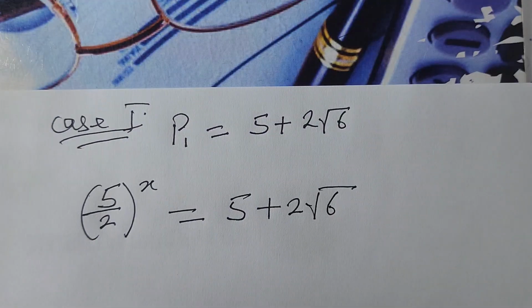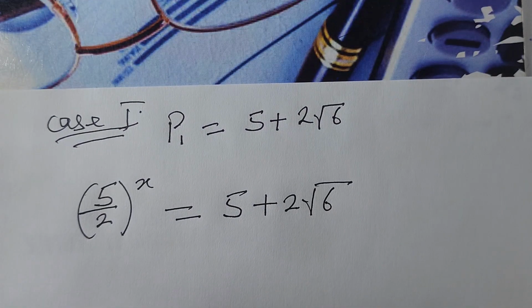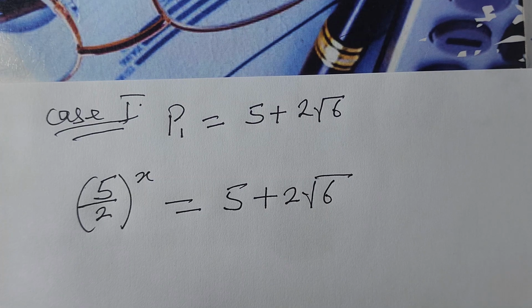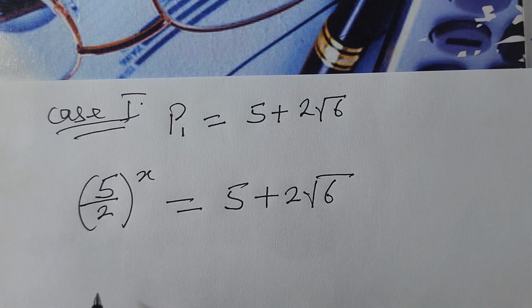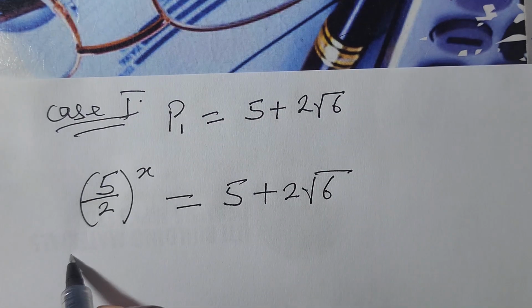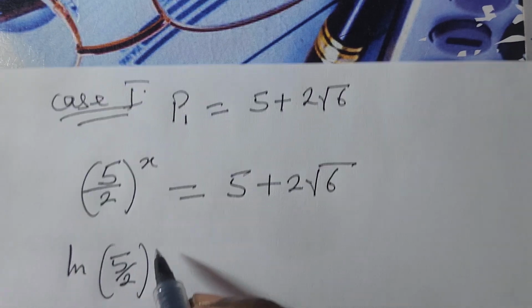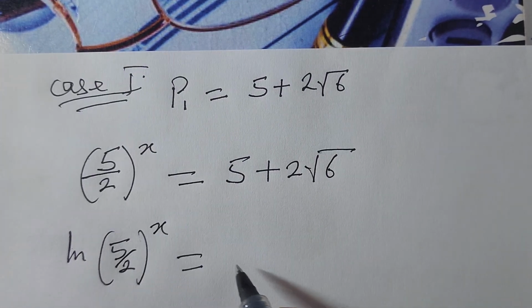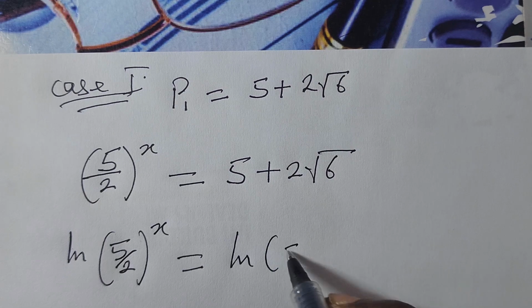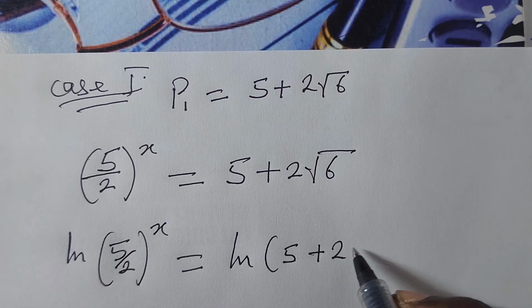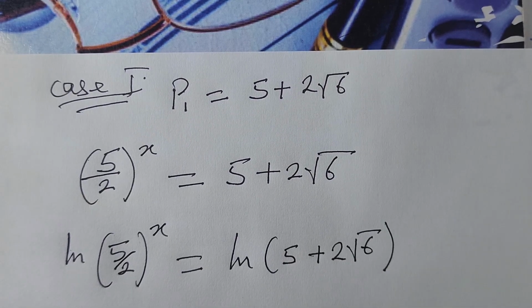So from here, we can get the value of x by simply taking the ln of both sides of the equation, or using log to base 5 all over 2. But let's take a quicker method. So let's ln both sides. We have ln of 5 all over 2 all to the power of x equal to the ln of bracket open 5 plus 2 root 6 close bracket.